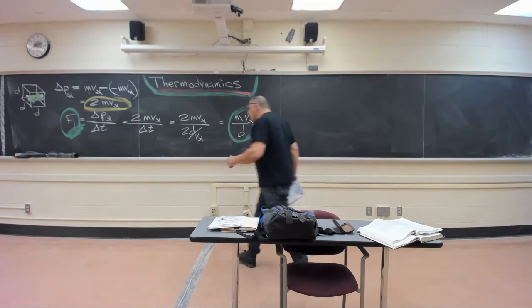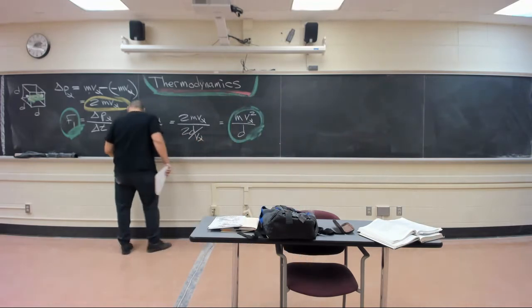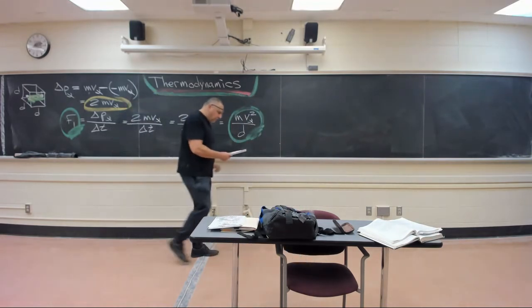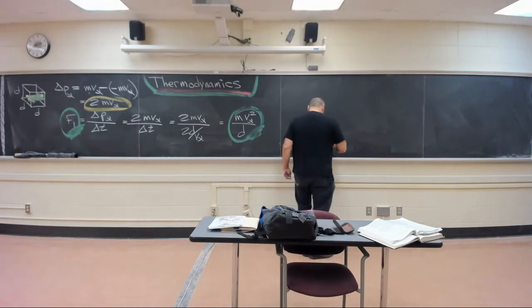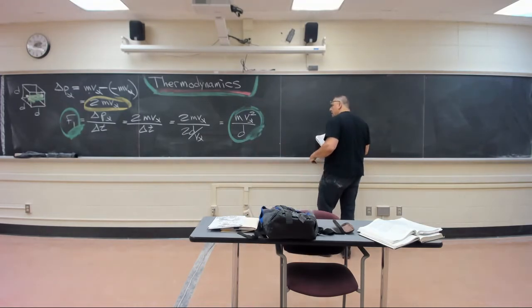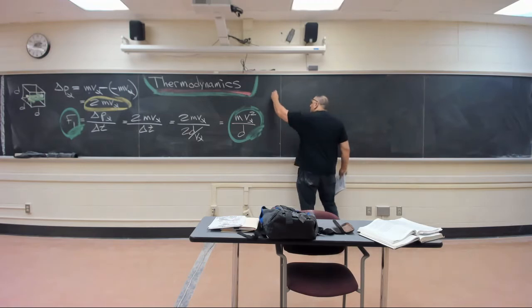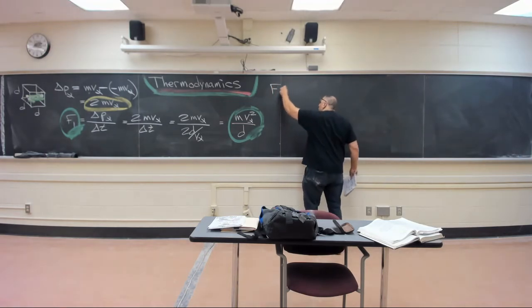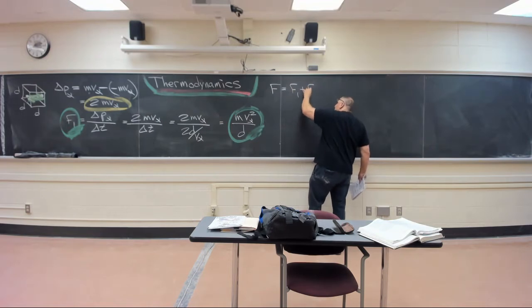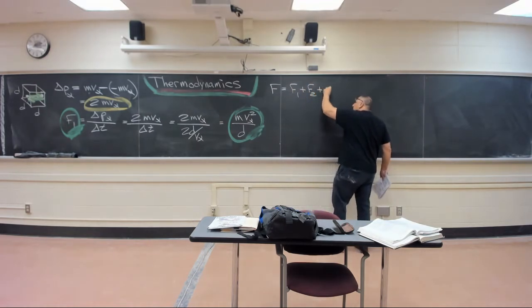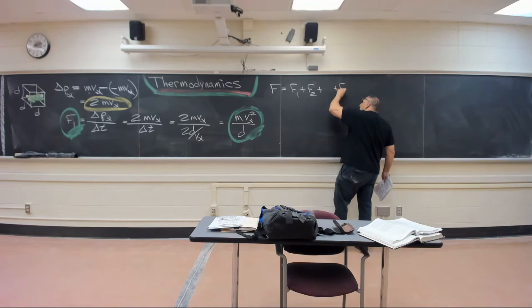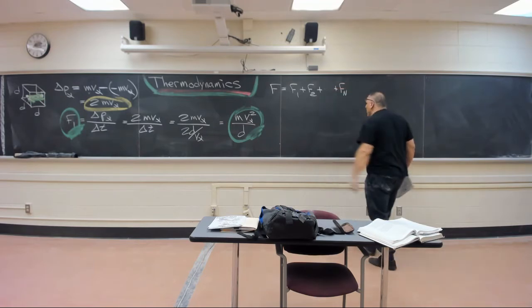Now, I got some fancy footwork to do. We know that the total force being exerted on any particular wall is F1 plus F2 plus ... plus F sub n. It could be a real big number.